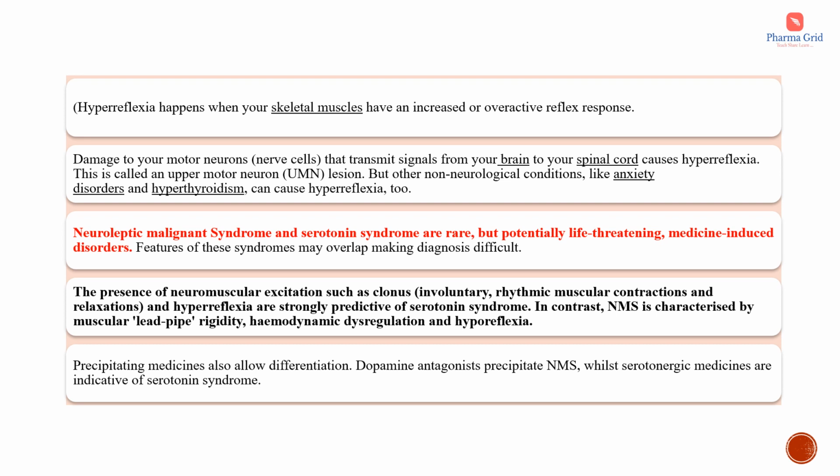Precipitating medicines also allow differentiation. Dopamine antagonists precipitate neuroleptic malignant syndrome, whereas serotonergic medicines are indicative of serotonin syndrome. So hyperreflexia is a characteristic feature of serotonin syndrome, which is exhibited by serotonergic drugs, whereas muscular lead pipe rigidity is a characteristic feature of neuroleptic malignant syndrome, which is shown by dopamine antagonists.